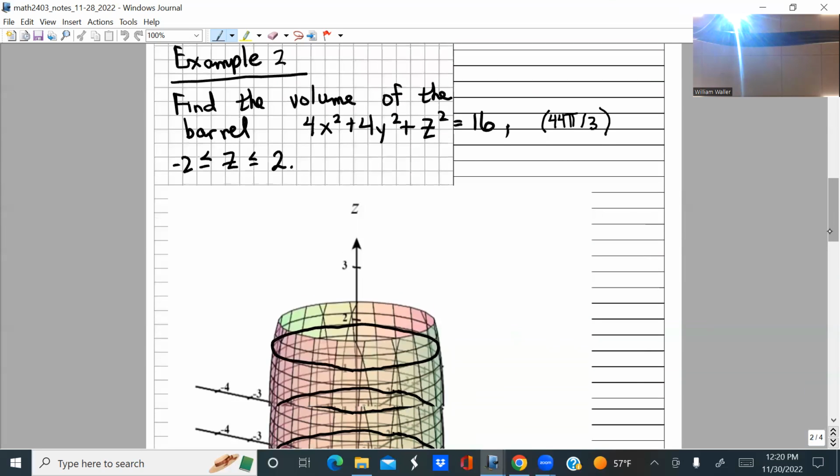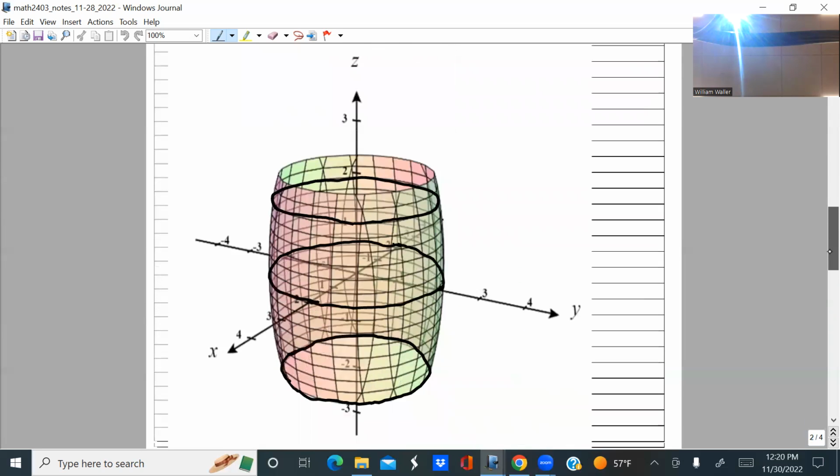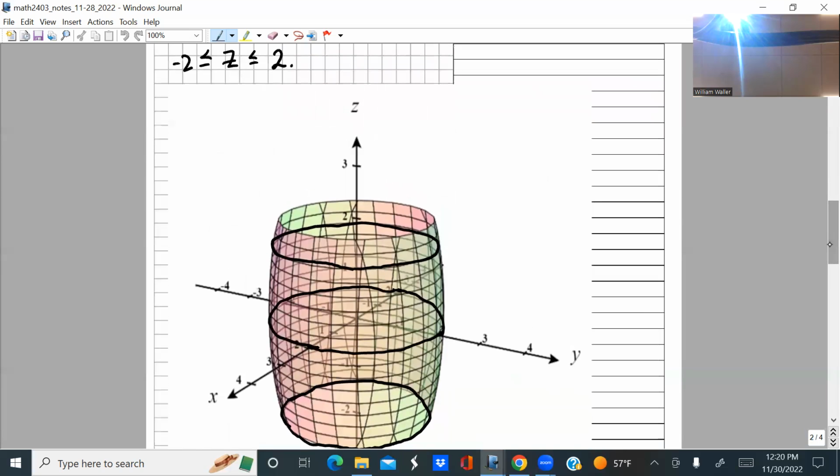All right, here's what we want to compute. We want to find the volume of this barrel, starting at -2 on the z-axis and going up to +2 on the z-axis.